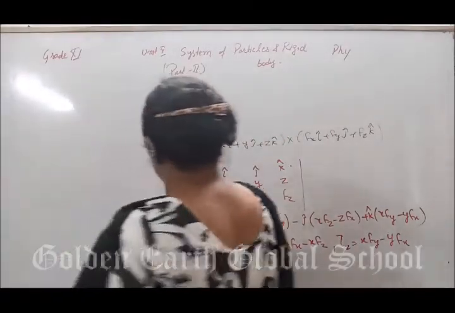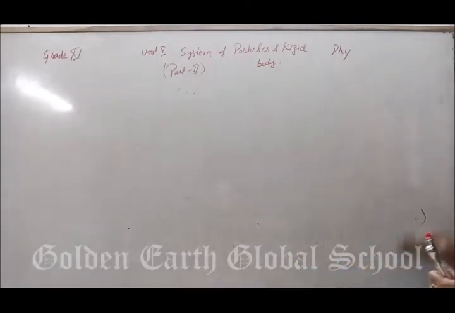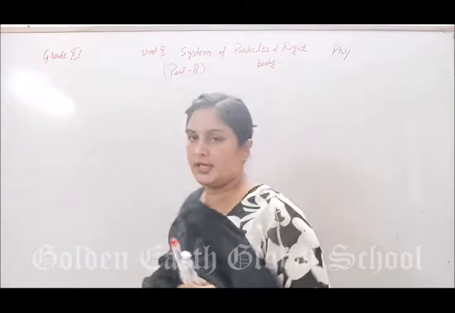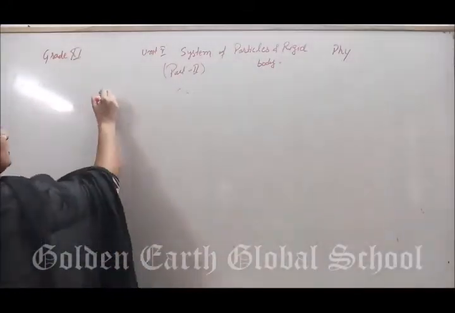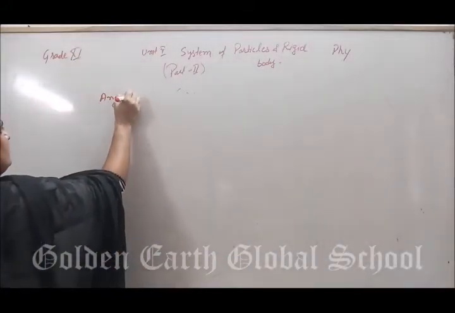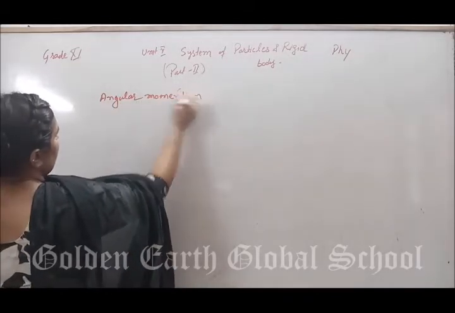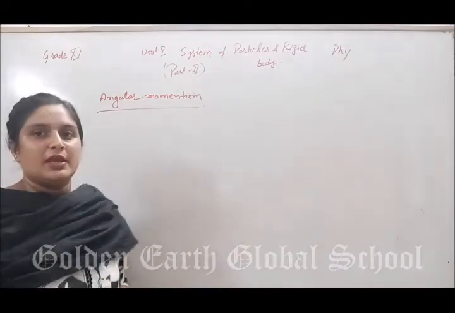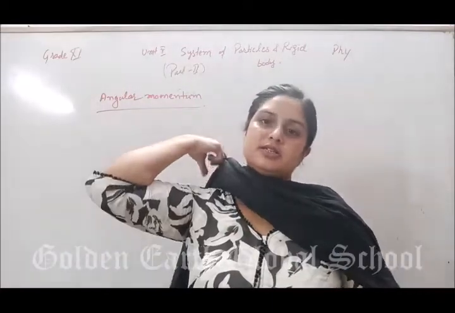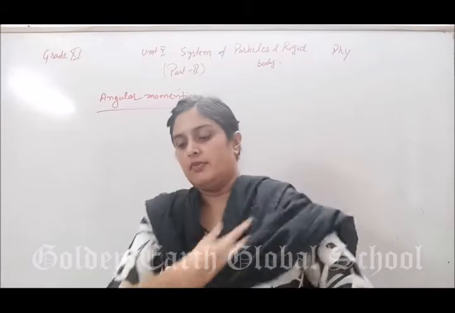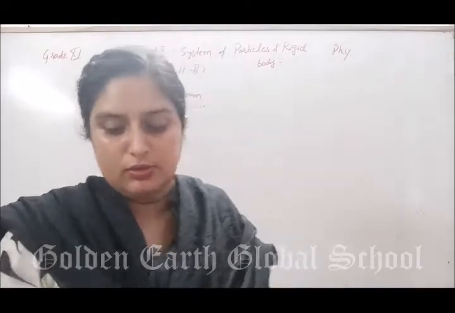Now next one is the angular momentum. As we have studied linear momentum in linear motion, in this chapter whenever we are talking about rotational motion, there will be angular momentum.